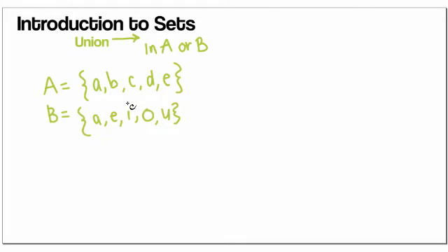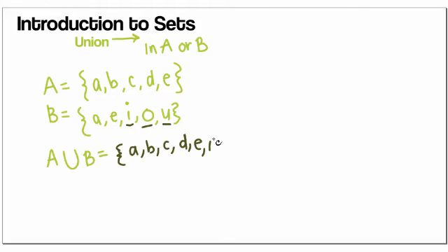We represent union by using a U looking symbol. A union B will be the set of A, B, C, D, and E, and then I, O, and U. Basically, I write the set A and then I go through B to see what elements are in B that are not listed in A and add them in.